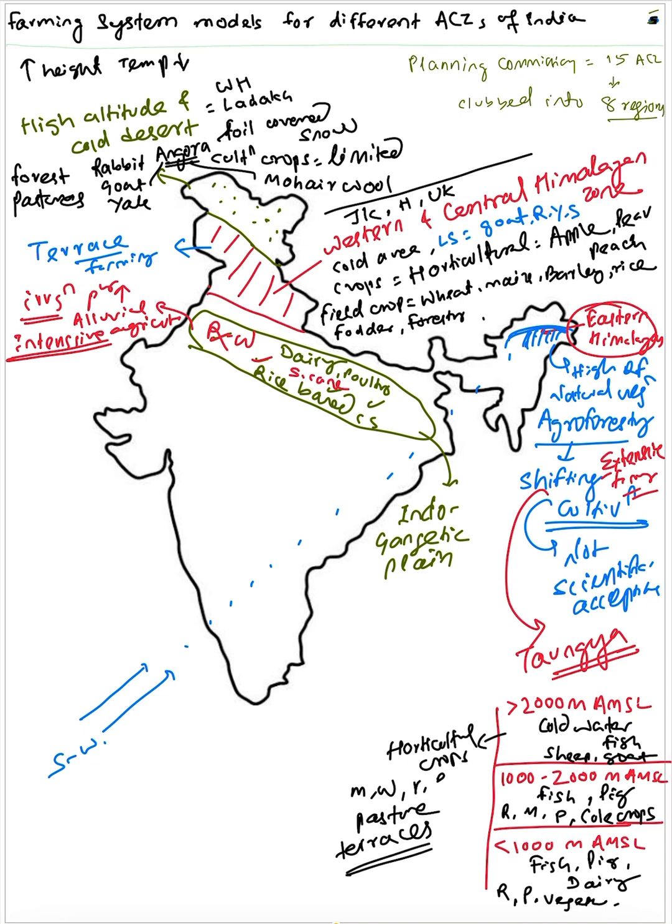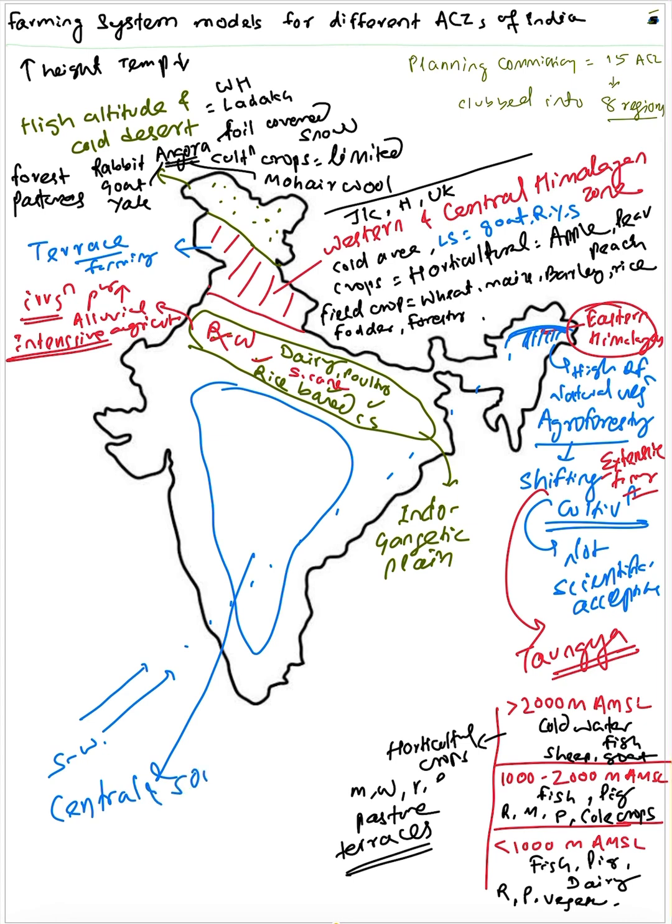Then coming to the Central and Southern Highland. This region is called the Central and Southern Highland, the Deccan Plateau, and the soil is normally of basalt origin, clay-rich soil.